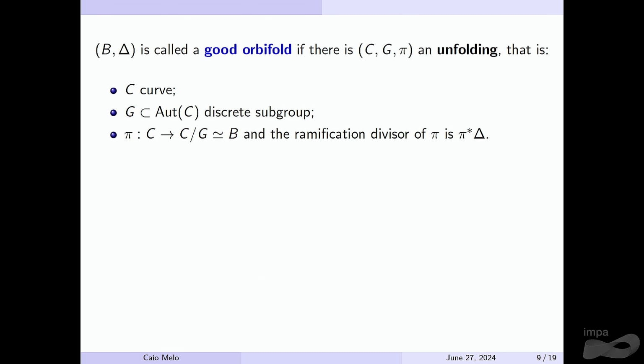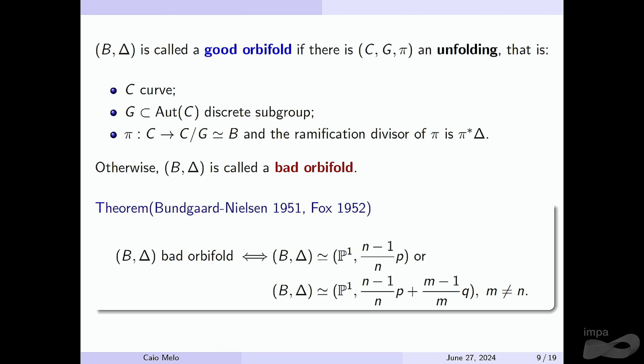And we have the notion of good and bad orbifold. A good orbifold for me will be an orbifold which has an unfolding, which is a triple of a curve, a discrete group acting on this curve, and the projection gets your base back, your initial curve, with a ramification divisor being the pullback of your delta, which is the divisor I defined before.